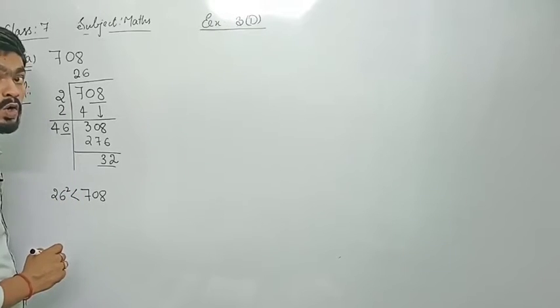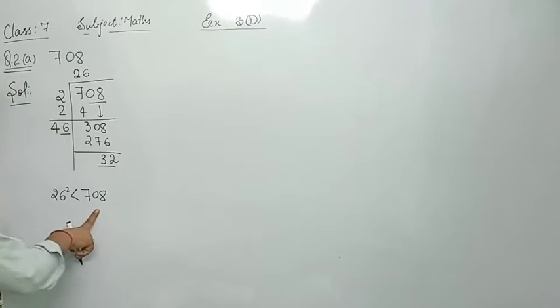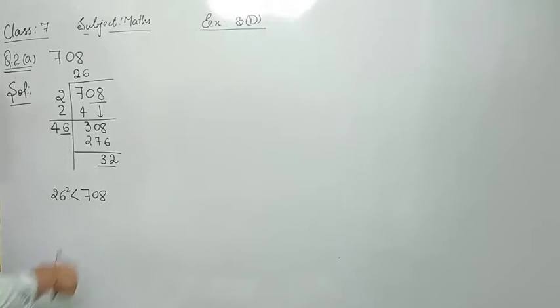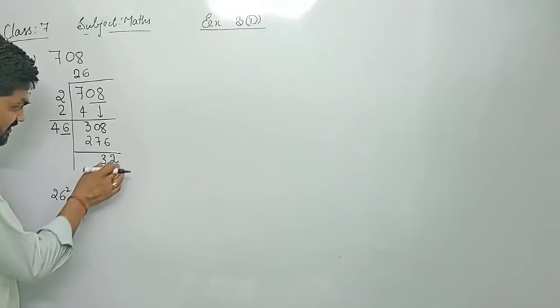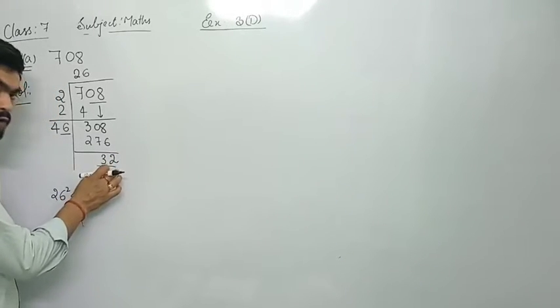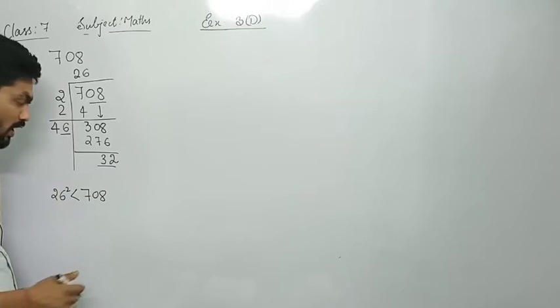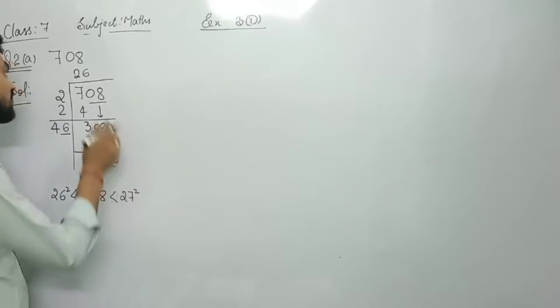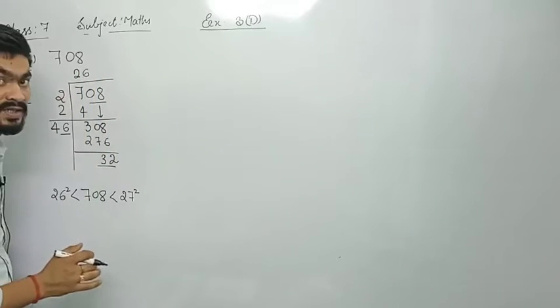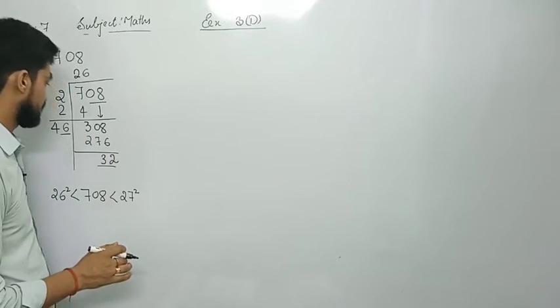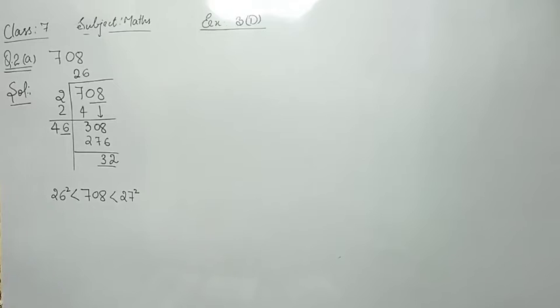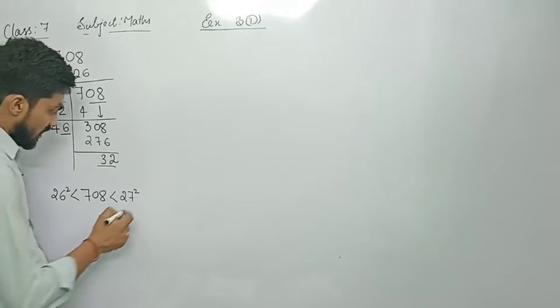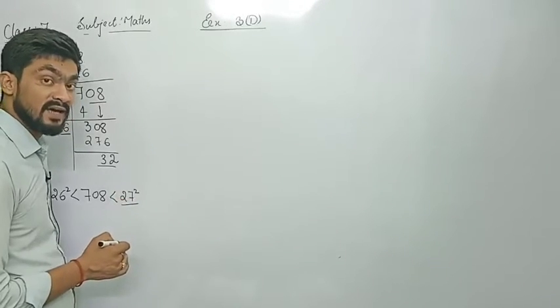Obviously you should agree. Why? Because this much quantity is more than 26 square. It means it will be less than 27 square. Otherwise we would be writing 27 here. Correct? So, what is 27 square?